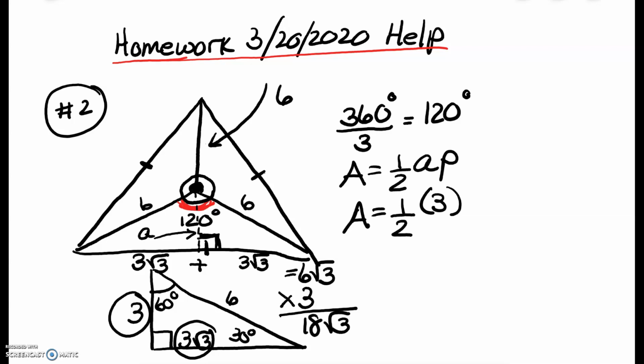So my perimeter is 18 radical 3. So now I'm going to reduce by 2, and 9 times 3 is 27 radical 3. And that's how you should be doing problem number 2, but instead your radius is going to be 2, so you'll be solving a little bit different numbers in that one.